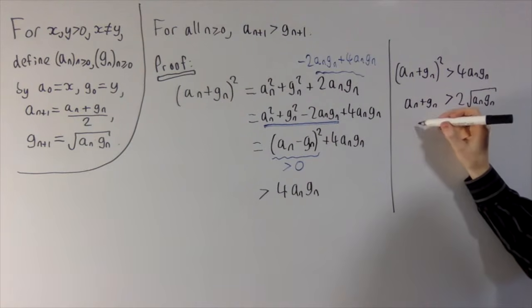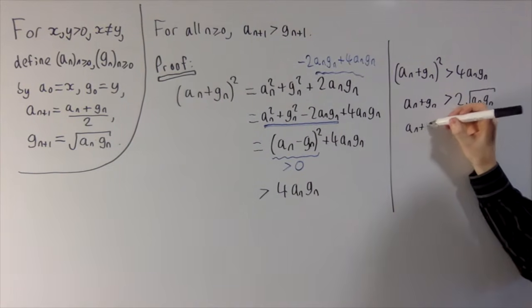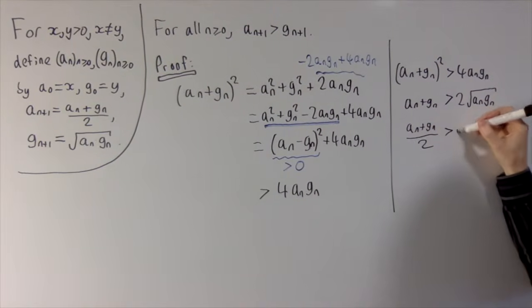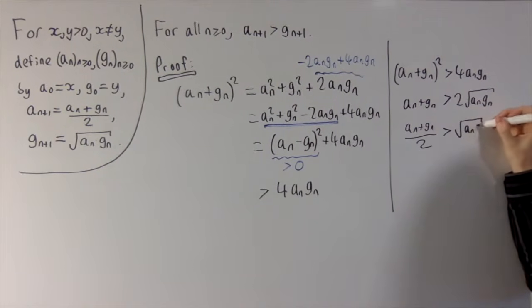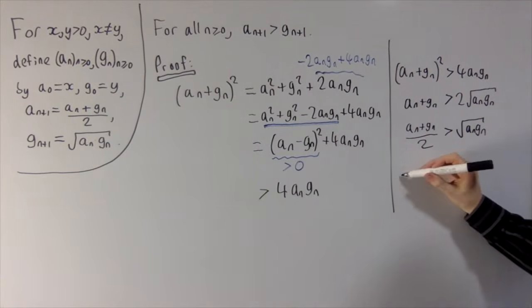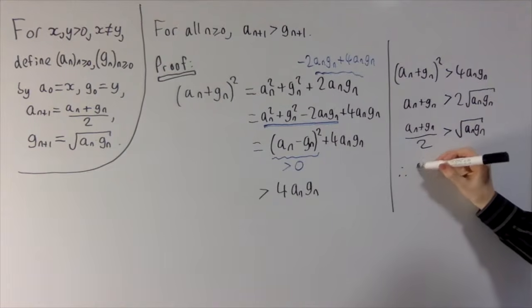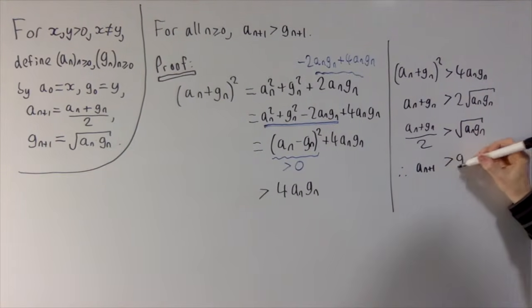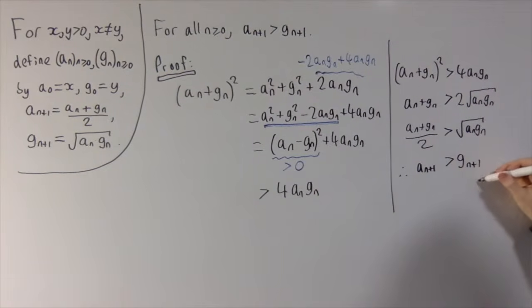We divide both sides by 2: (a_n plus g_n) over 2 is strictly greater than the square root of a_n g_n, the product there. And of course this means that a_(n+1) is strictly greater than g_(n+1), which is what we were trying to prove.